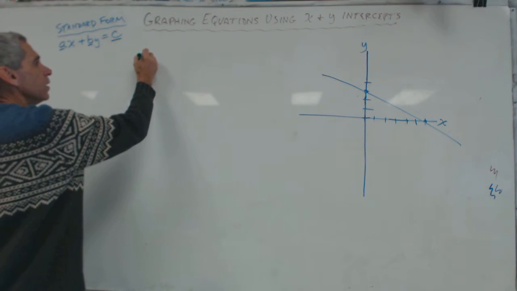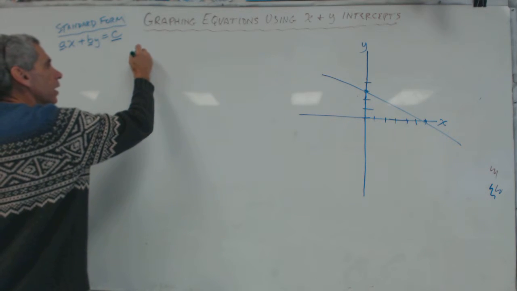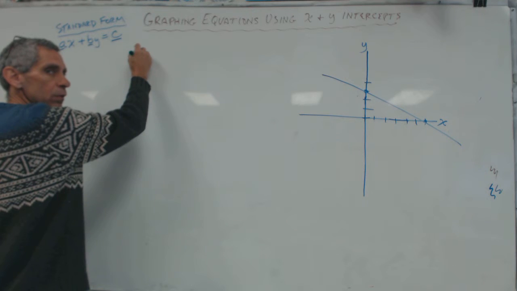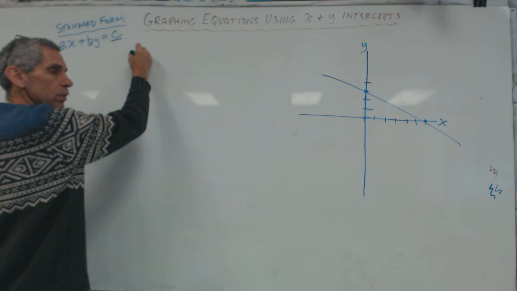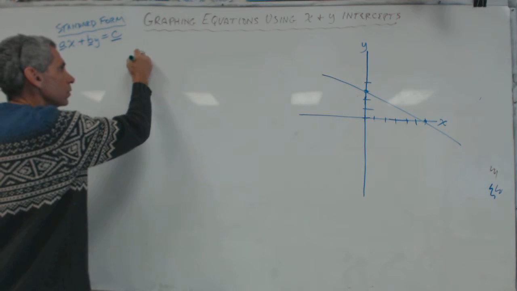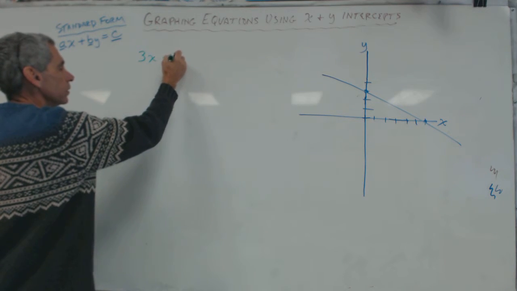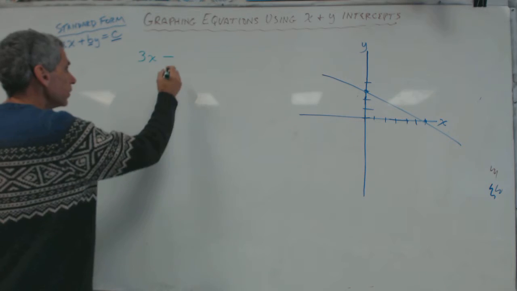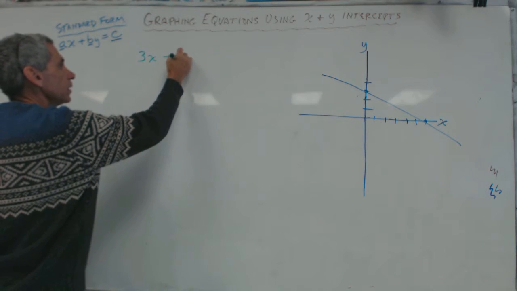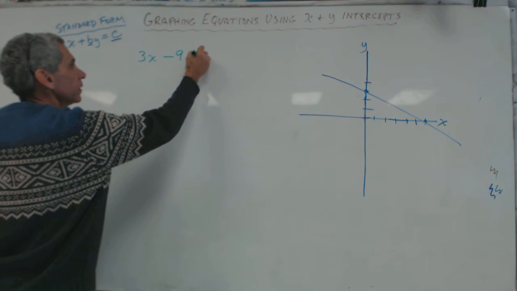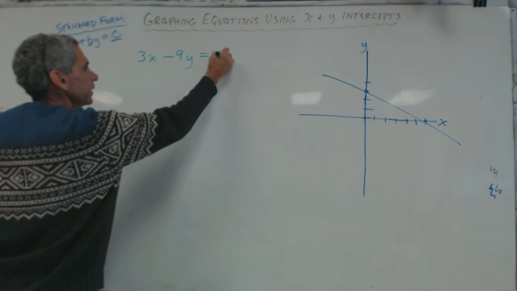What if I said 3x minus 9y is equal to 18.